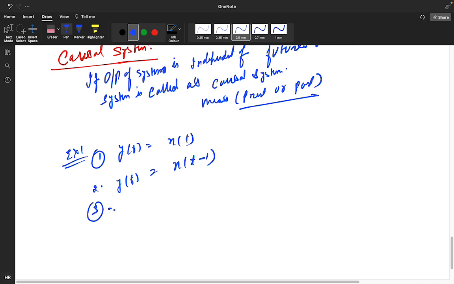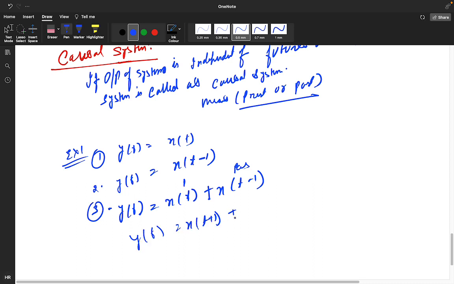Third example, y of t is equal to x of t plus x of t minus 1, so it depends upon the present value and past value also, so it is a causal system. But if y of t is equal to x of t plus 1 plus x of t, the future value is coming, so this is not a causal system. We say it's a non-causal system.